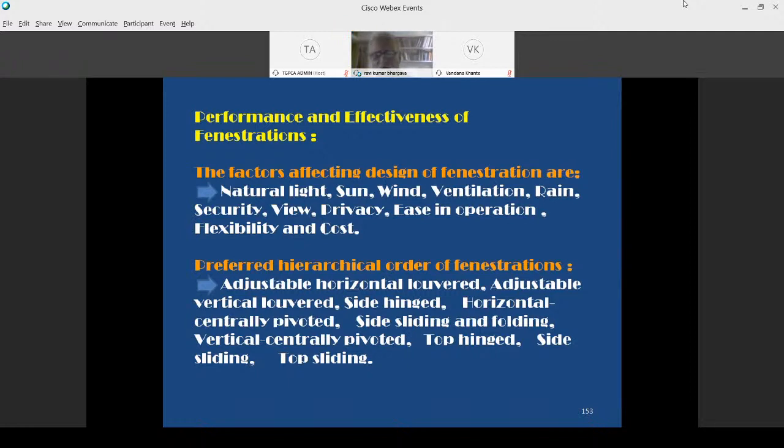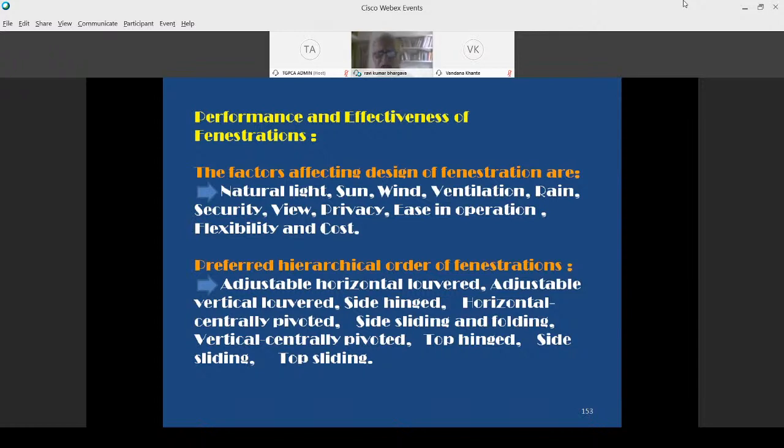After analyzing the performance of different types of windows against these functional parameters, we can find that this particular window has 40% functional efficiency, this window 45%, this one 50%. Sometimes a window is 60%, 70%, 80%.